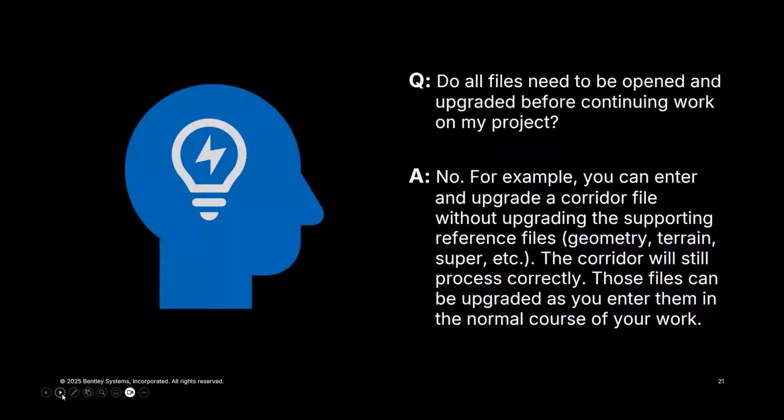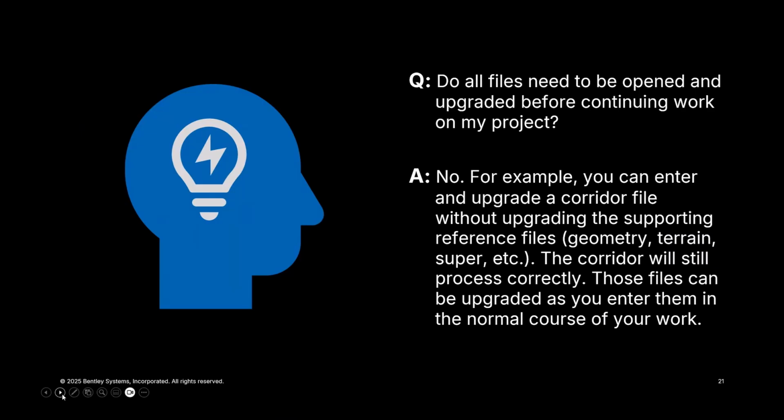So, question: do all files need to be opened and upgraded before continuing work on my project? I kind of alluded to this a minute ago. If I've got terrains and geometries and corridors and all these different files, do I really have to update them all at once? The answer is really no, you don't. We're not intending for you to have to do that.